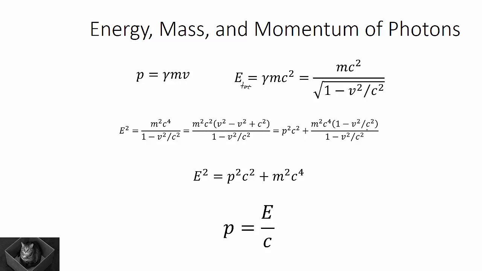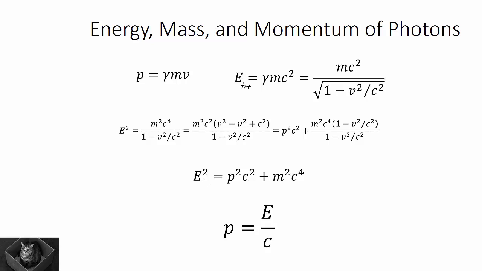I won't talk you through all of this, but if you'd like to pause the video and think about it, feel free, and then you can ask me about it later. But if we square the total energy, we'll get this, and then we can do some manipulation, and we end up with this nice little expression here.